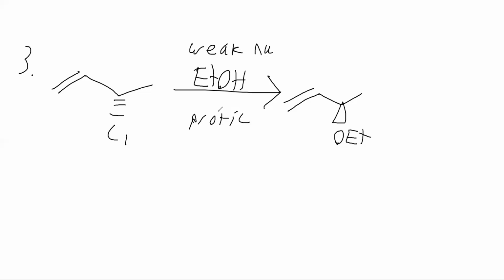So weak nucleophile, protic solvent, those are all SN1 conditions, which means that we wouldn't invert the stereochemistry, which is what we're seeing here with it going from a dash to a wedge. That's what's wrong with this. These are SN1 conditions, but we drew the product as if it was SN2.